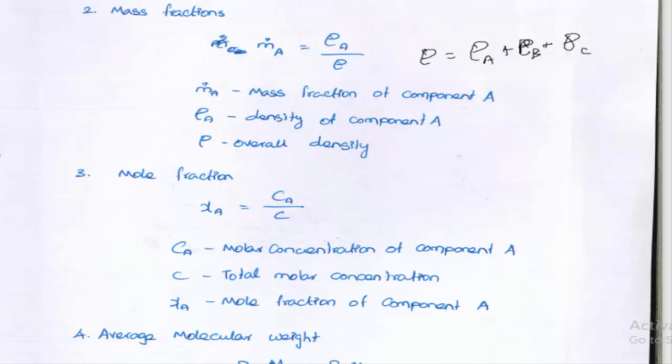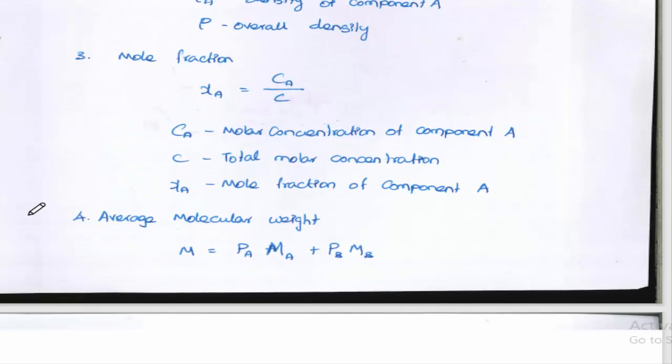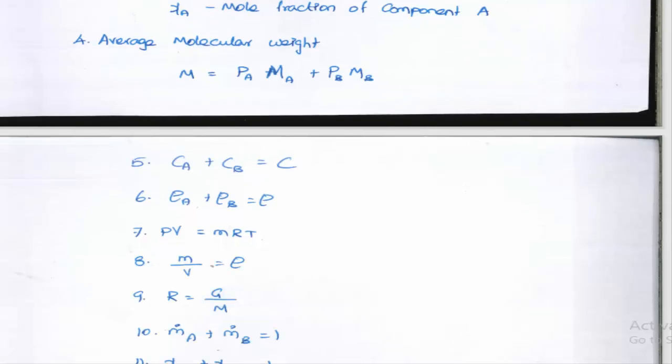Next thing is mole fraction. Mole fraction is X_A equal to the molar concentration of the particular component divided by the molar concentration of the total mixture. So X_B equal to, similarly, C_B divided by C. And the third one, average molecular weight of the mixture.